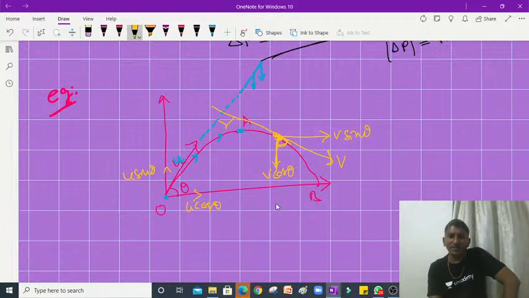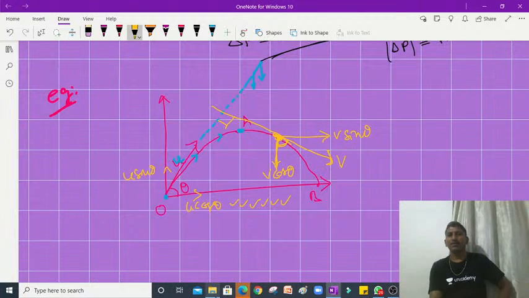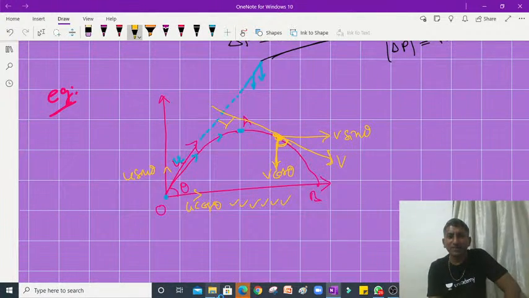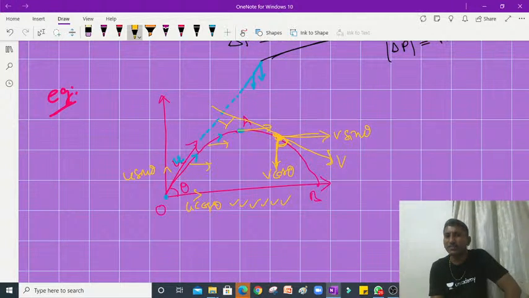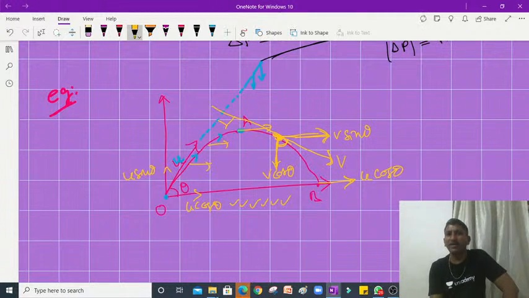Generally this u cos theta remains the same throughout the motion. That point we know, we remember. Throughout the motion means even at this point, this point, or even this point, the horizontal component, that is u cos theta, remains the same. We know that.